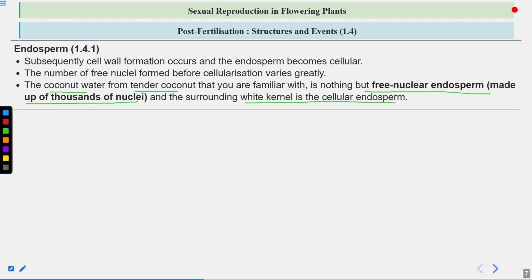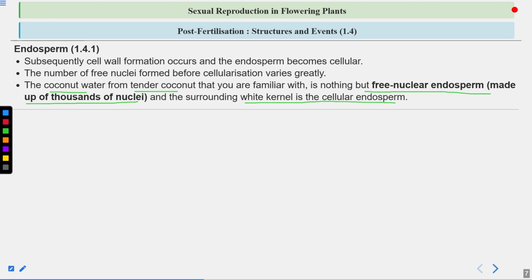When you see the mature kernel, that is the malai that the vendor gives you, that is the cellular endosperm part. And what about the brown, hard coconut? All the water is consumed, and the nuclei are laid layer by layer, and the cellular endosperm has been formed.